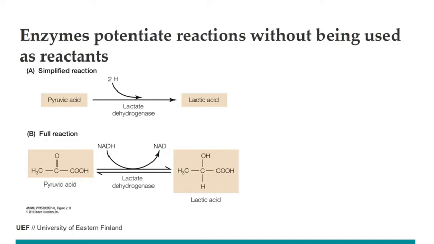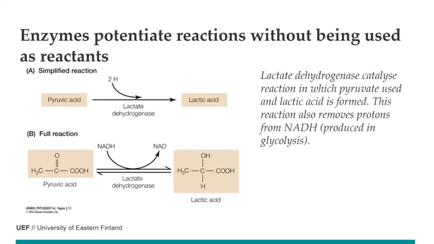Now it's putting the hydrogen onto pyruvate to form lactic acid, and when it releases the hydrogen, it's back in NAD form, going back to the glycolysis processes. So it catalyzes this reaction, moving the protons from NADH, and then this NAD can be recycled in glycolysis.